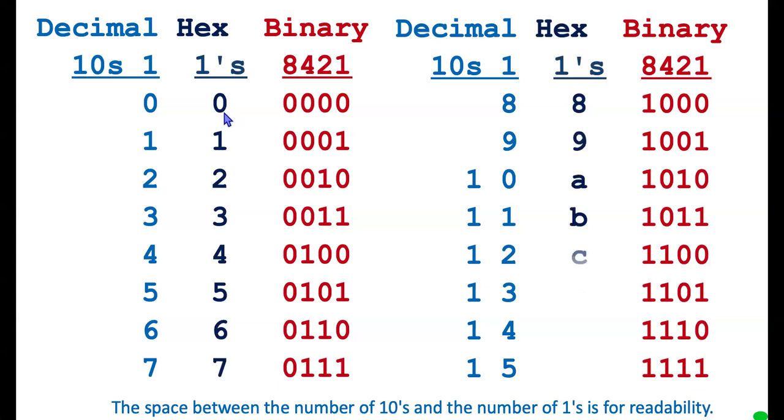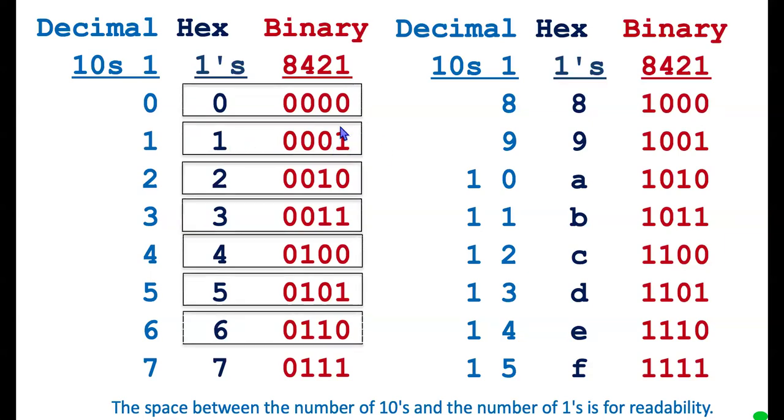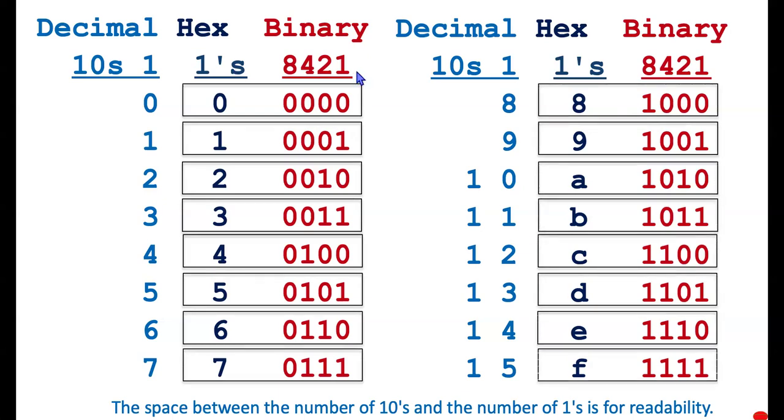In hex, I have 0 through F. This is every possible combination of hexadecimal values, using one digit from 0 to F. So if converting from hex to binary or binary to hex, we can see, and this is the key thing, any combination of 4 bits can be represented by a single hexadecimal digit.